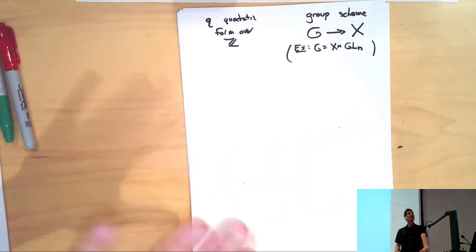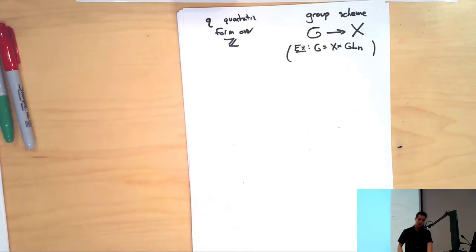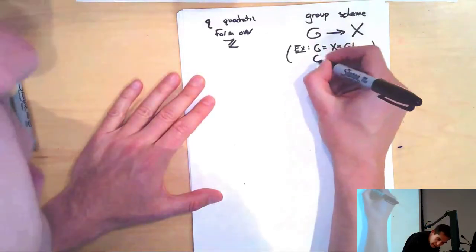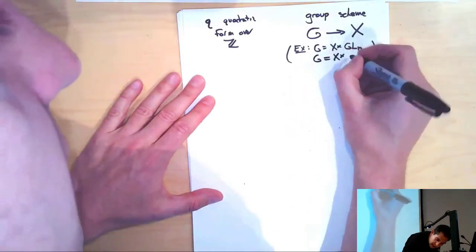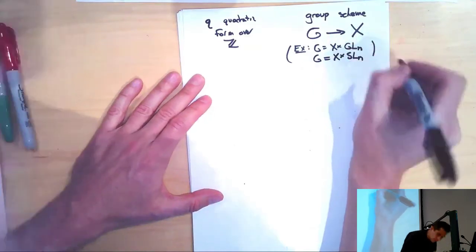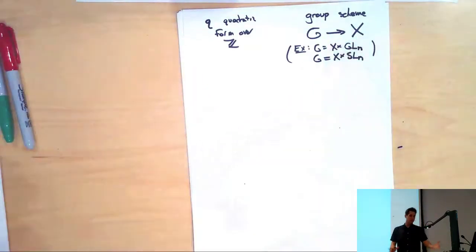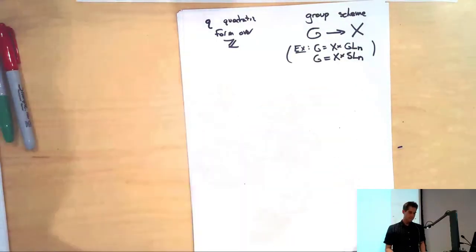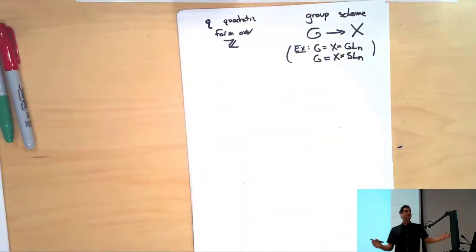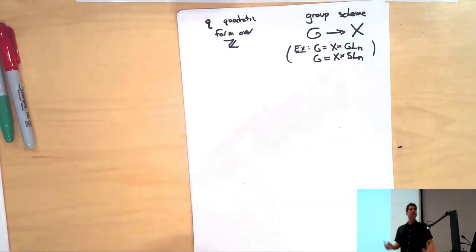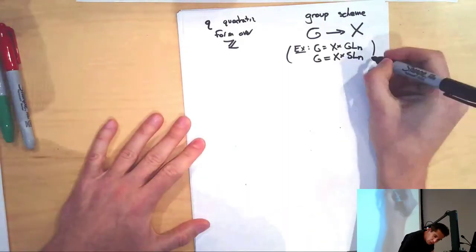So this is not a great example because GLN is not a semi-simple group, but you could fix that by taking something like SLN. And these examples, even though they might sound kind of trivial, are perfectly interesting for everything that we're going to do. So if you ever have trouble thinking about a group scheme over an algebraic curve, just think of the group SLN, and everything will still be interesting.